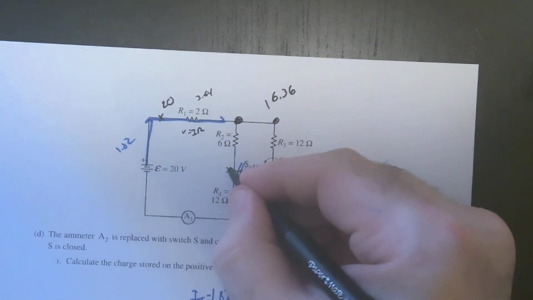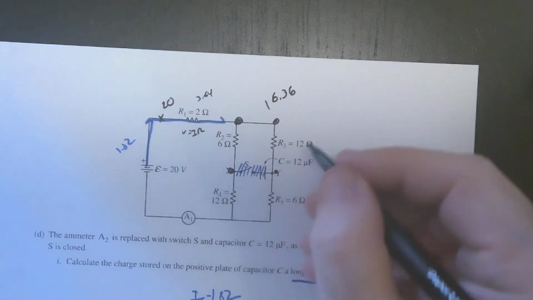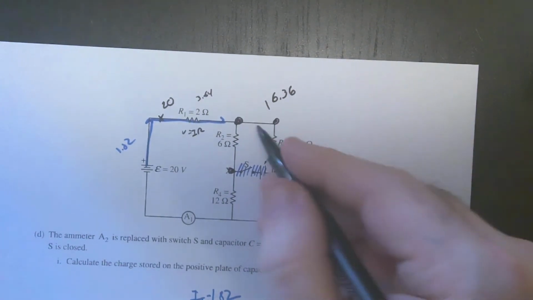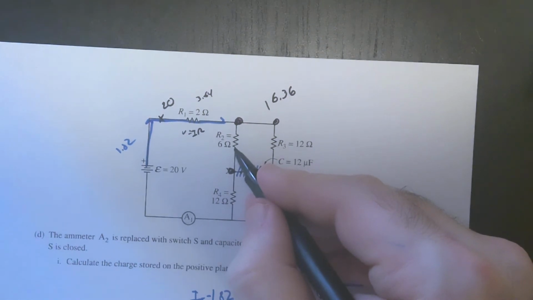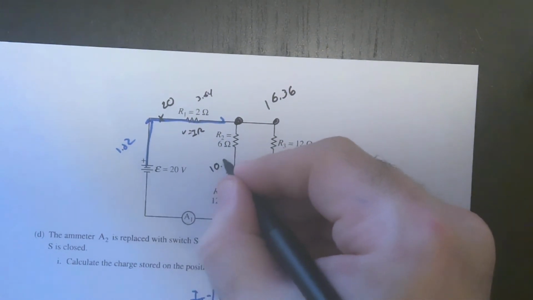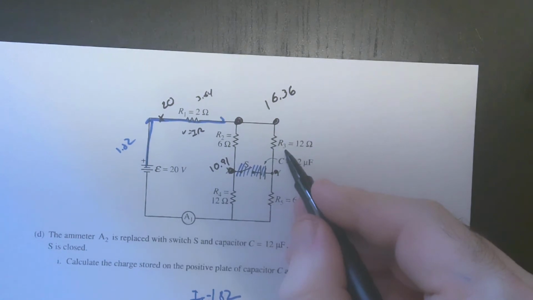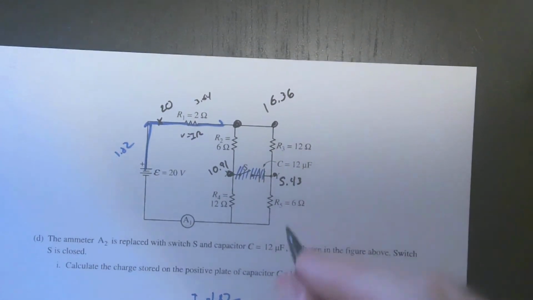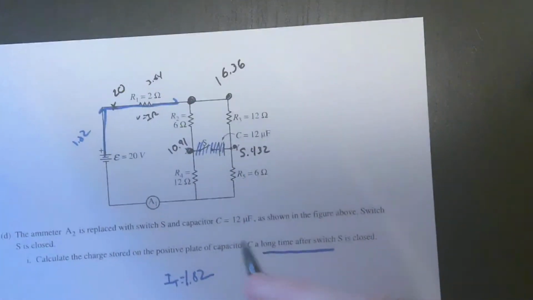Then, knowing the currents I found before, the next thing is I found the voltage drop here. This dropped by, I think, around 6 or so, and I got this point to be 10.91. This dropped by double that. I ended up with 5.43 or so.